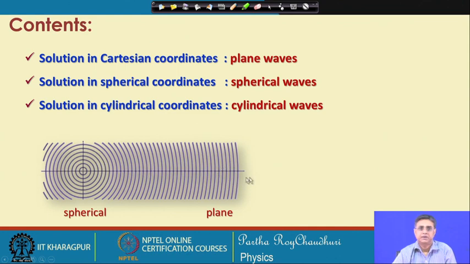But if the source is a line source, then the corresponding waves which will come out from the source will be cylindrical waves. So, these three different kinds of waves we will try to analytically solve, starting from the wave equation, and we will also look at the properties.